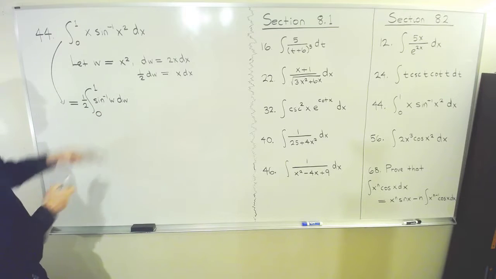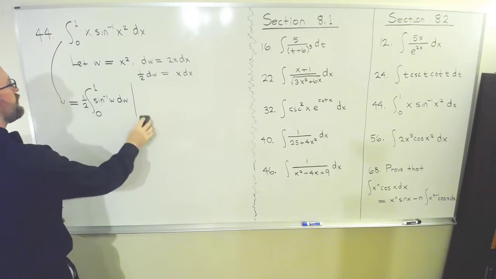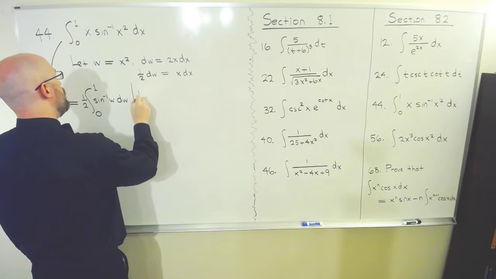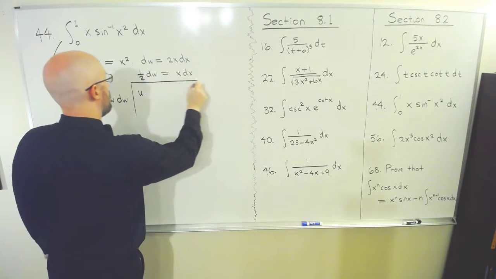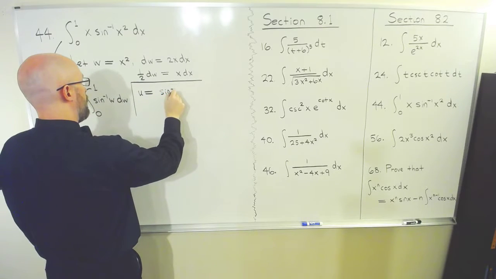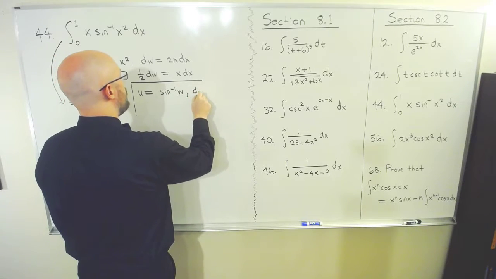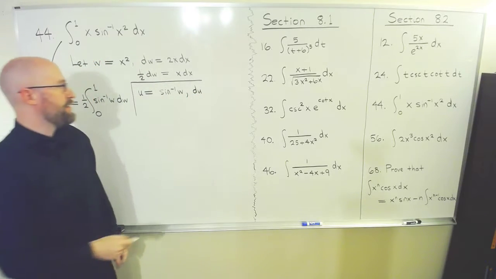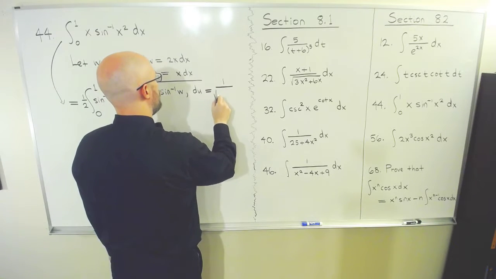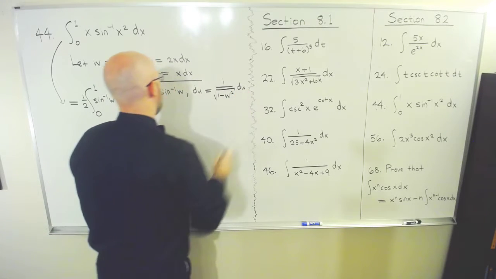Now, it will turn out that a useful choice for the integration by parts formula will be to choose u to be this entire function here, inverse sine w, in which case du, do you remember how to differentiate inverse sine? It's du equals 1 over square root of 1 minus w squared dw.